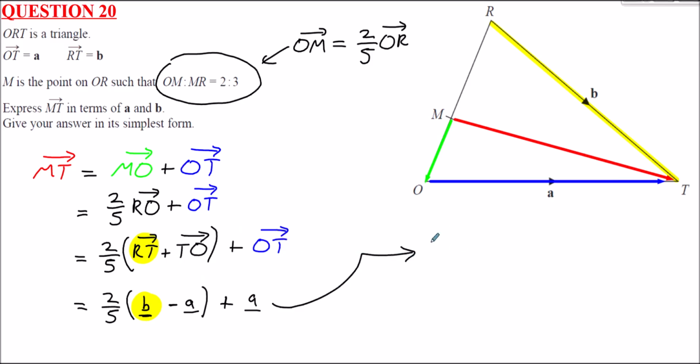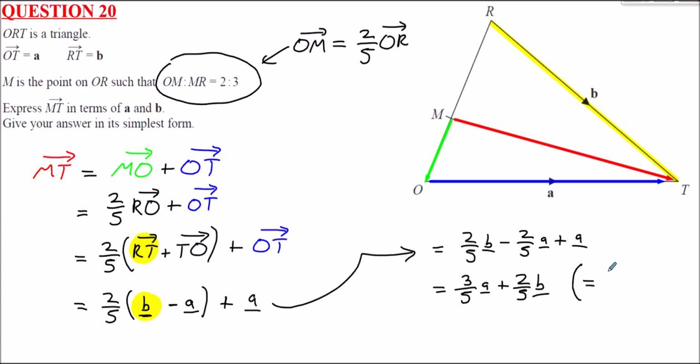So I can now expand this out if I want to. So I get 2/5 B minus 2/5 A plus A. So M to T, A minus 2/5 of A, overall it gives me 3/5 of A plus 2/5 B. So that's my final answer.